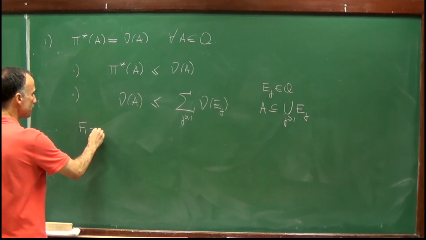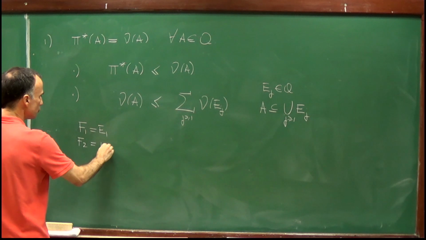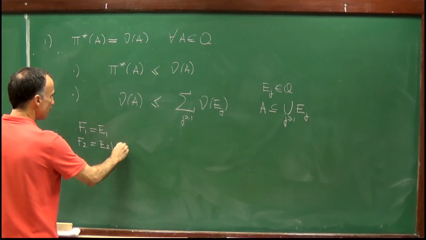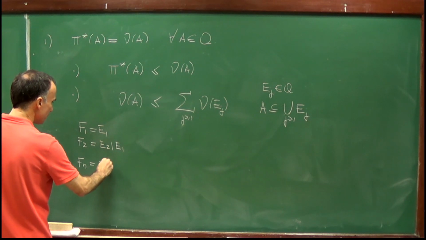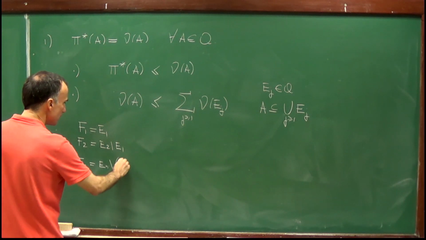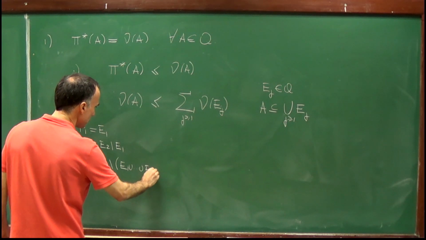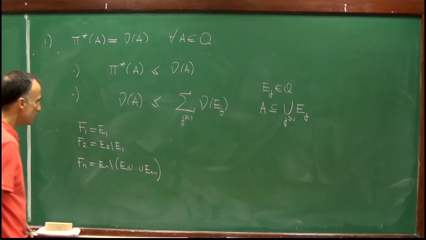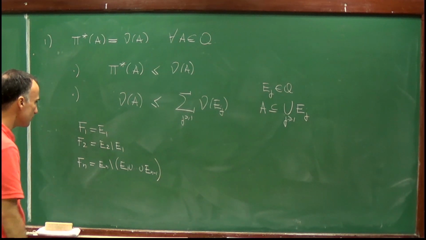So F1 will be E1, F2 will be E2 minus E1, and in general Fn will be En minus E1 union ... union En minus 1. Then we have exactly the same observations I made a minute ago.